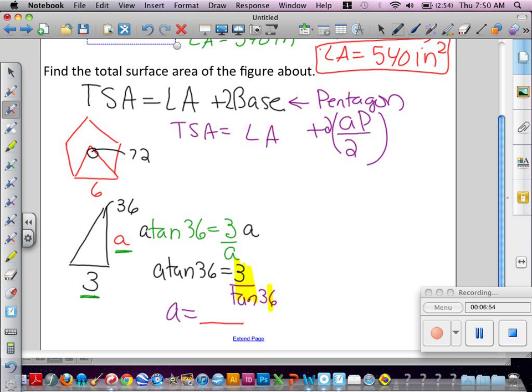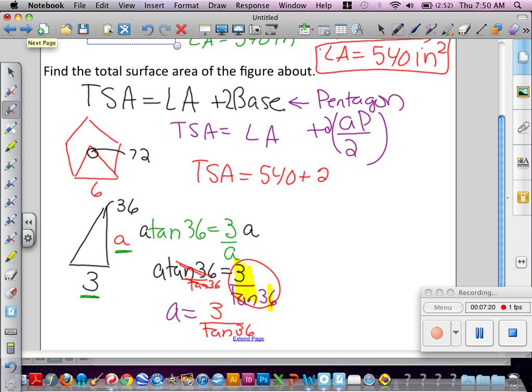I don't have a number there. Actually, what I did here, people, is I went up in this formula. I wrote T, total surface area. My LA was 540 plus 2. This is really my A right here, guys. A equals 3 divided by tan 36. So this is gone. So my A is really 3 divided by tan 36.